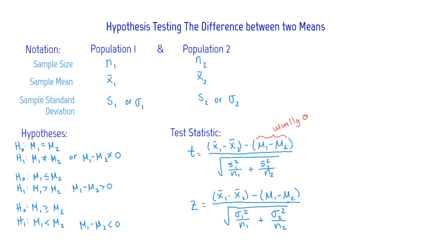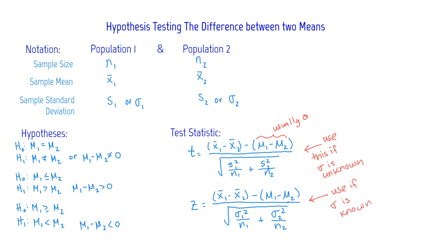Otherwise, it's going to be a z-score if we have the population standard deviations. So primarily, you're going to be using this formula if sigma is unknown. But if sigma is known, then you'll use the z-score formula.